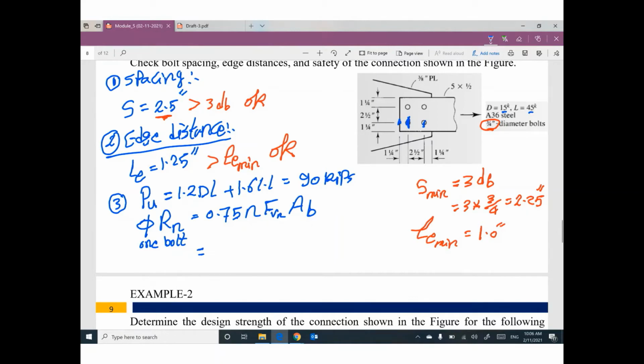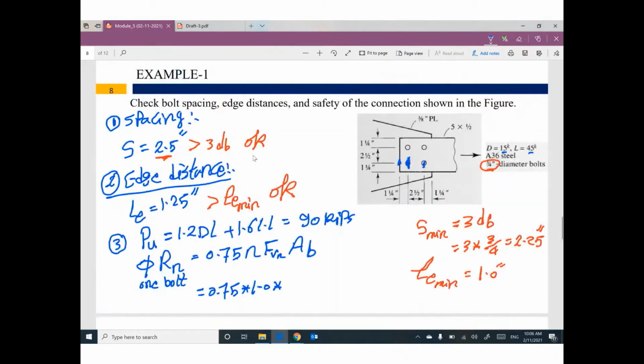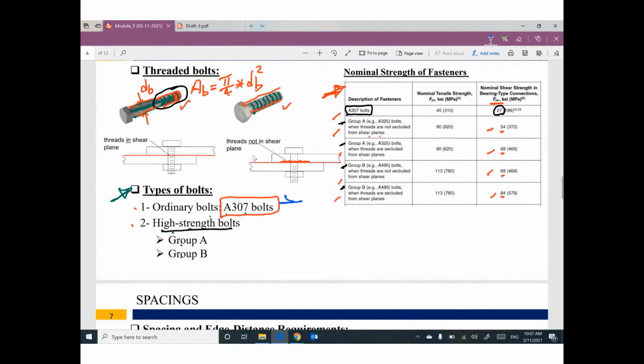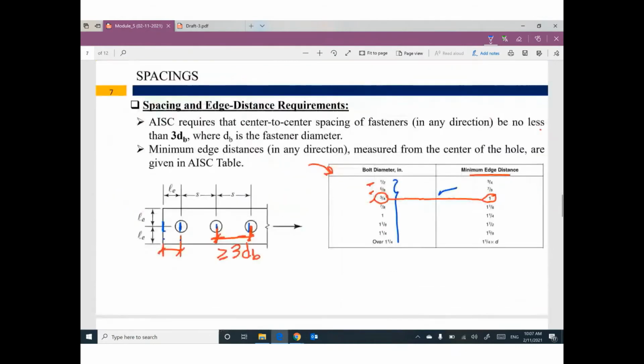Let's do it. 0.75. How many shear planes? I believe it will be one, single shear. Nothing else is given, so I will assume it's single shear. For FVN, the type of bolts is not given. I'm going to assume it's an ordinary bolt, the first type. So for the ordinary bolt, the value of FNV is 27.